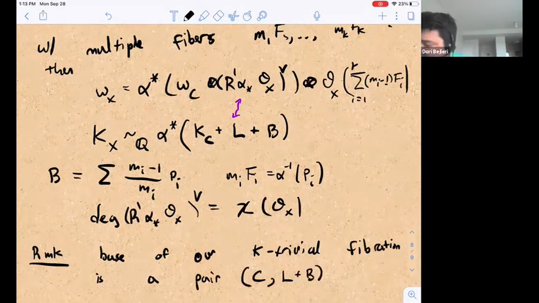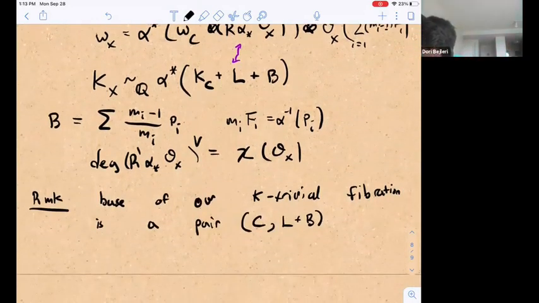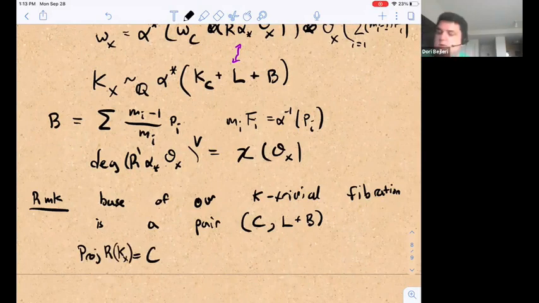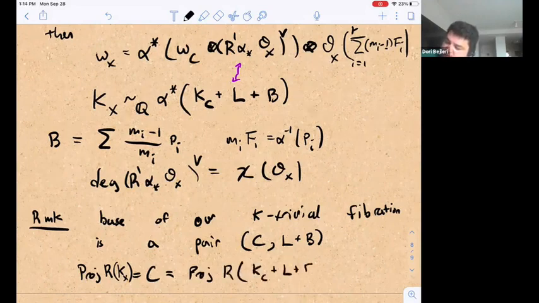And to make this more precise, we know that this C is the Proj of the pluricanonical sections on X. But now from this canonical bundle formula, we see that C is also the same as the Proj of the sections of not the canonical of C, but of K_C plus L plus B. And in fact, these rings are the same.